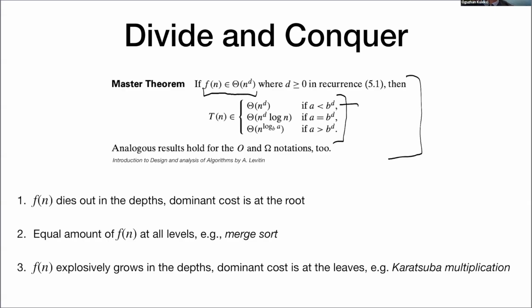If it is case 1, this is your solution. If this is case 2, this is your final complexity. And if this is case 3, this is your final complexity.